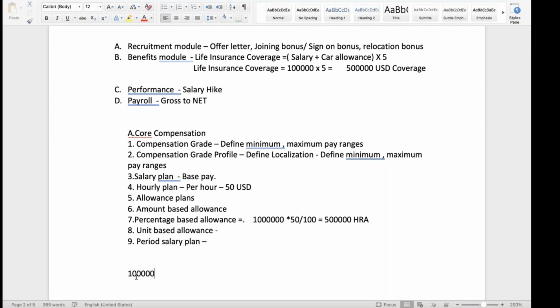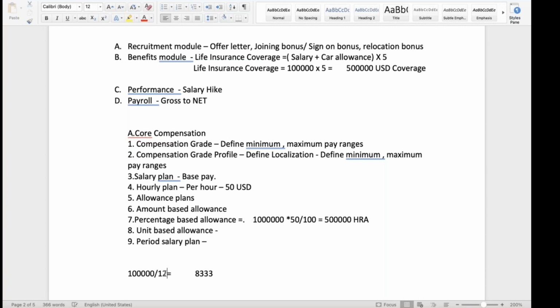The 13th month is nothing but 1 lakh US dollars divided by 12. Can anyone calculate and tell me? Somewhere it should come to 8,000 change. 8,333.33. This amount is the 13th month salary.